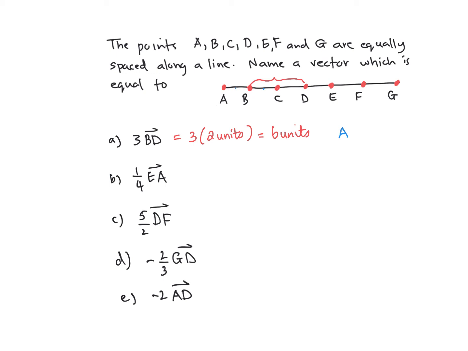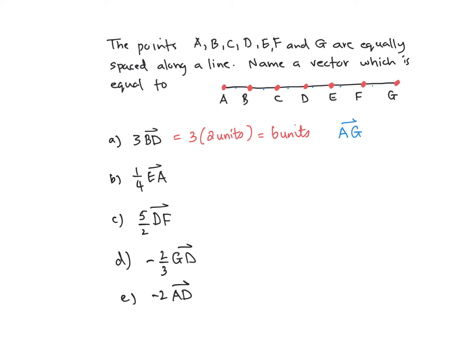So 1, 2, 3, 4, 5, 6 would take me all the way to G. So in that case, I have to start at A because I have to go 6 units and I'm limited by space here. So A to G is 3 times as long as B to D and it's going in the same direction.